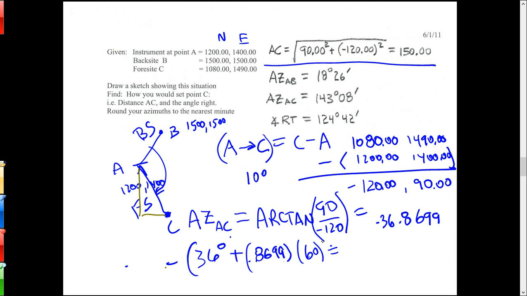There we go. So that's 52. So I'm getting negative 36 degrees, 52 minutes is what I'm getting out of that when I run that number.